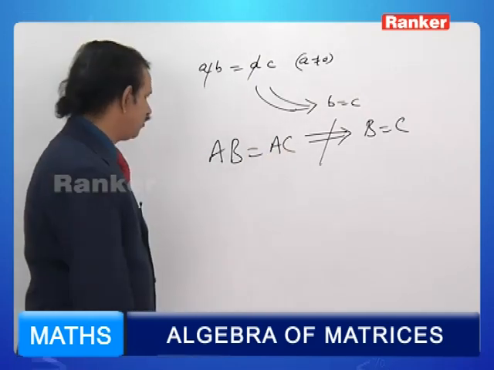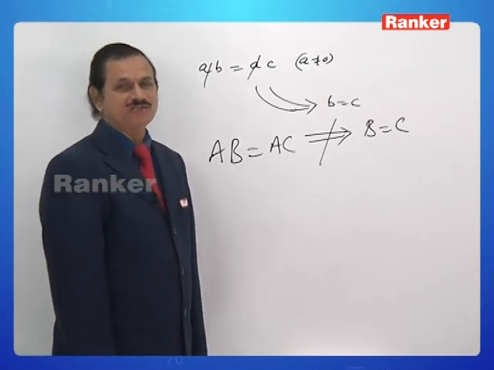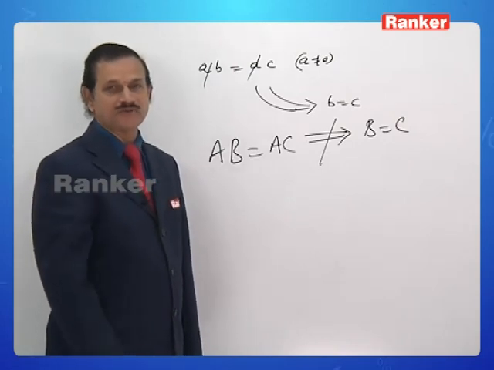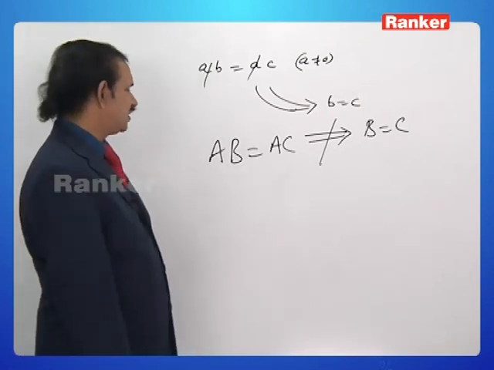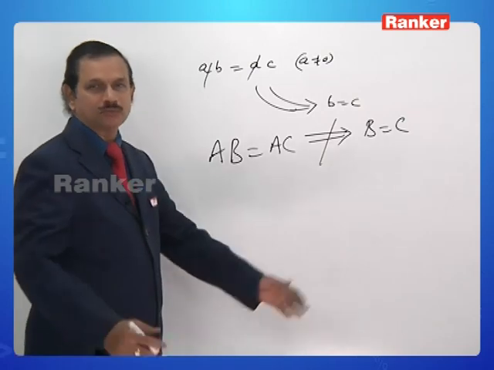This will be correct when and only when A is non-singular. What is singularity and what is non-singularity we did not come across so far. We shall learn in due course of time, within a few minutes of course. But for the present, AB equal to AC need not imply B is equal to C.